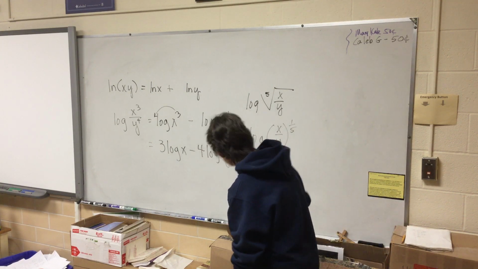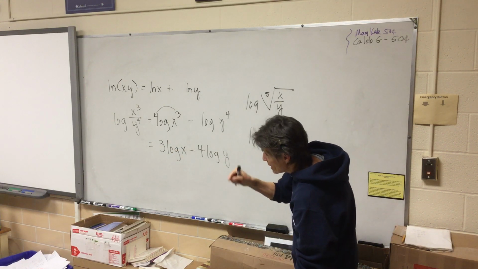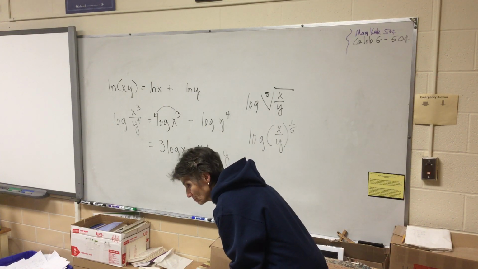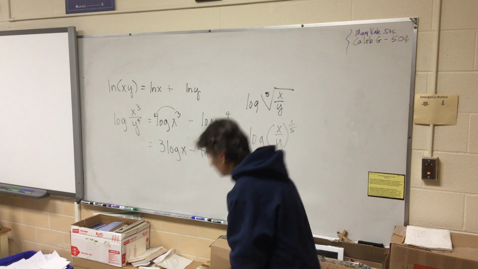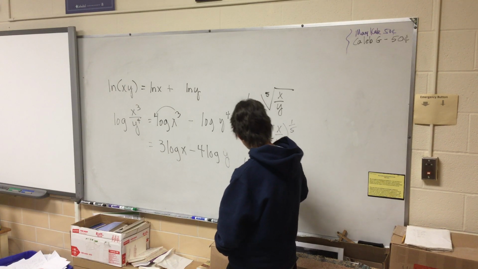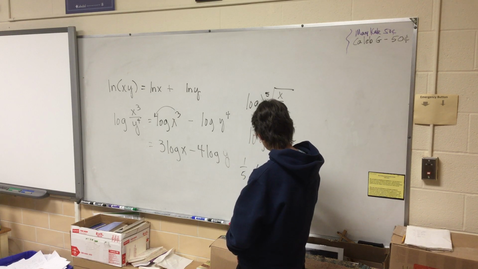Now, this problem's a little different than the last one we did. If we wanted to, could we pull the 1/5 out in front right now? Yep, we sure could, and I'm going to do that. I'm going to go ahead and pull it off right now. So I have 1/5 log x over y.